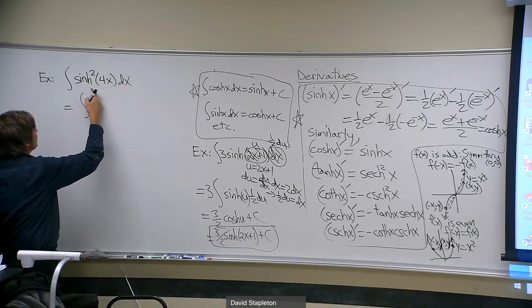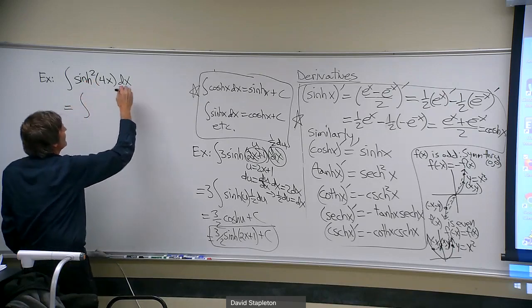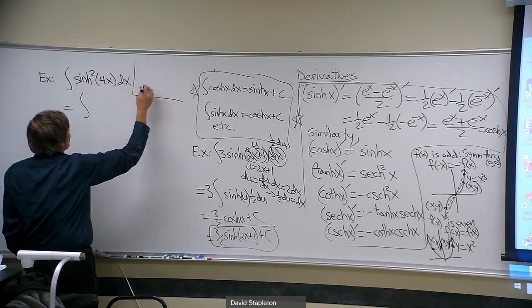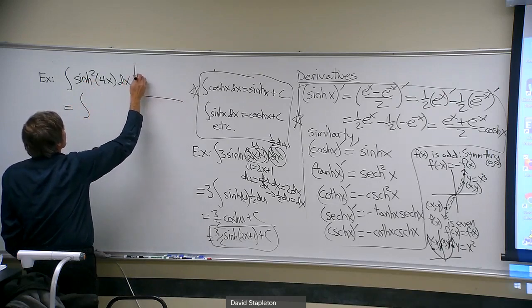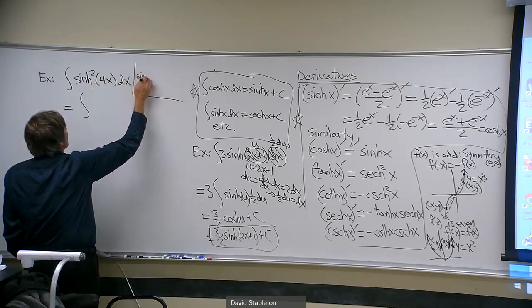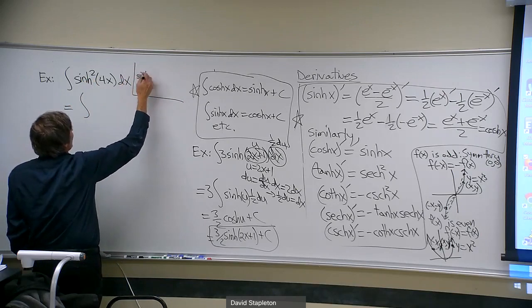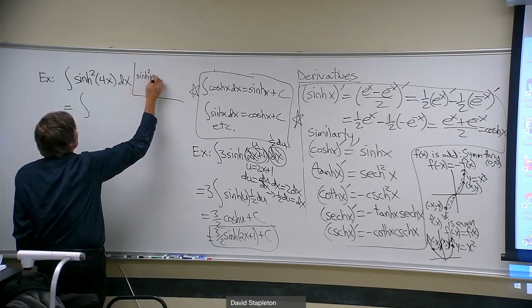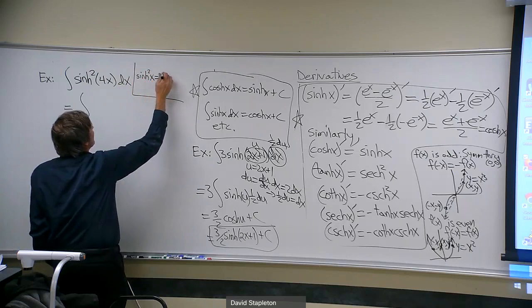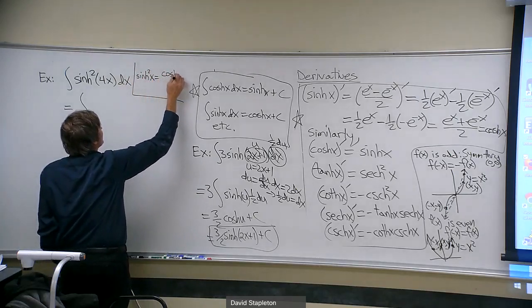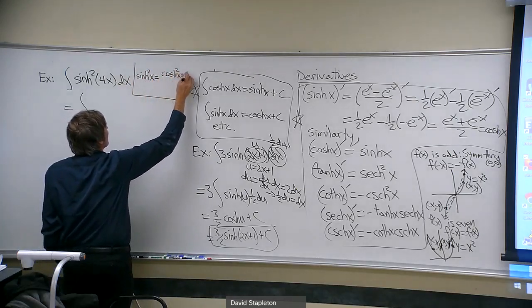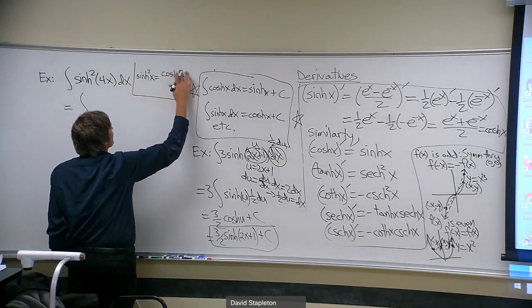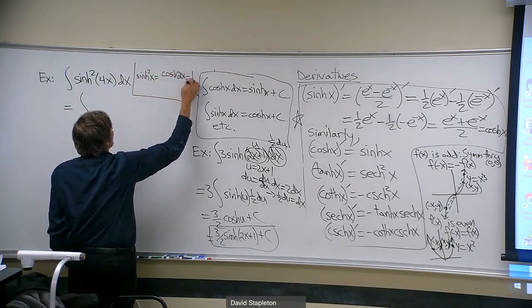The half angle identity for hyperbolic trig functions is a little different. Rewritten for the half angle identity solved for sinh squared, it says that sinh squared can be replaced by cosh 2x minus 1 over 2.